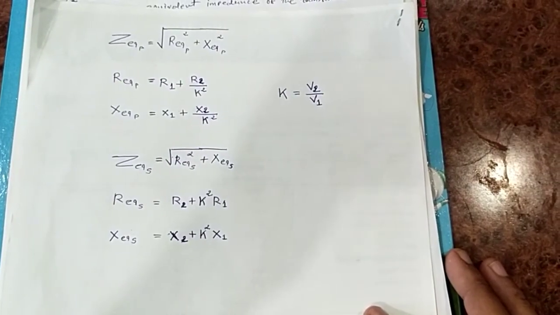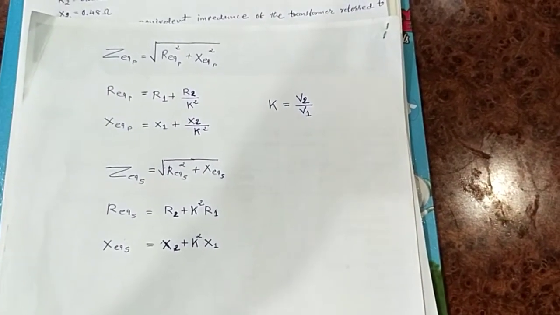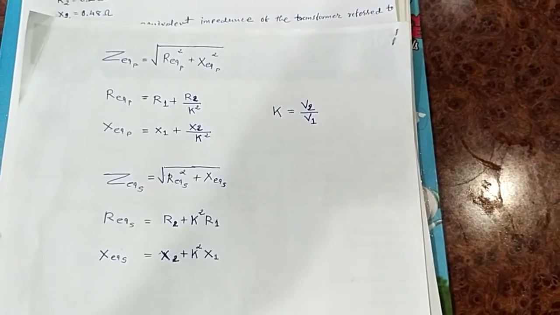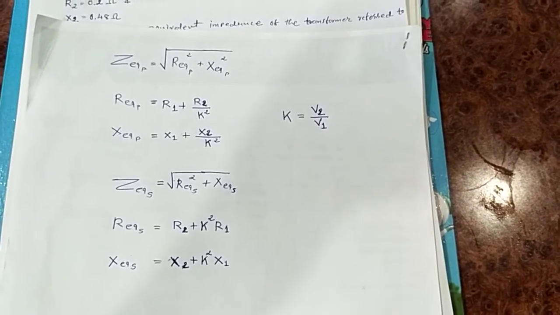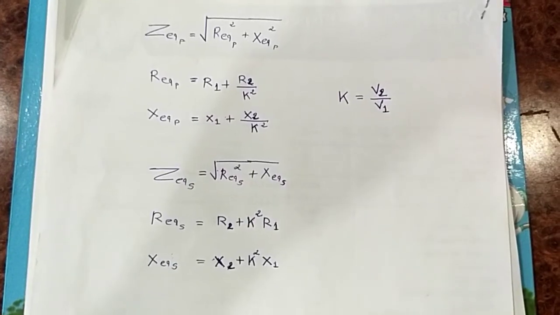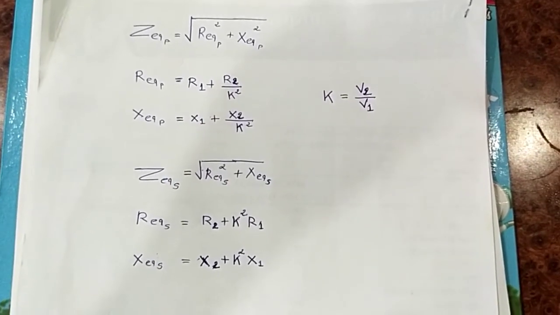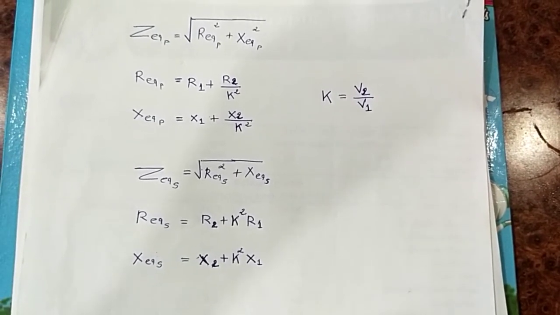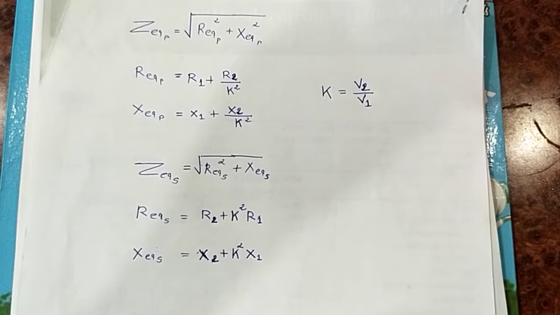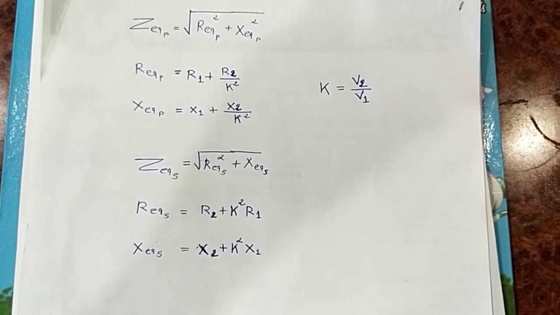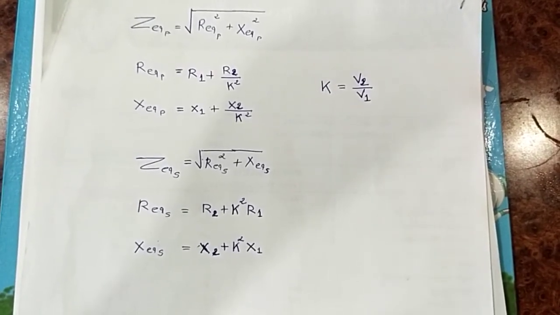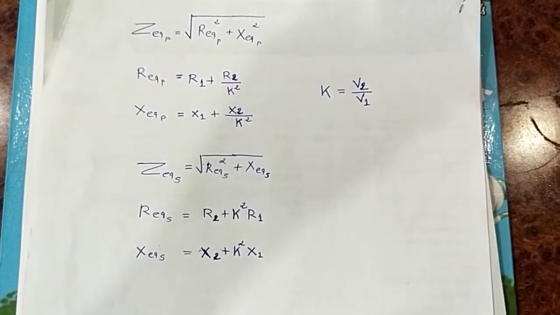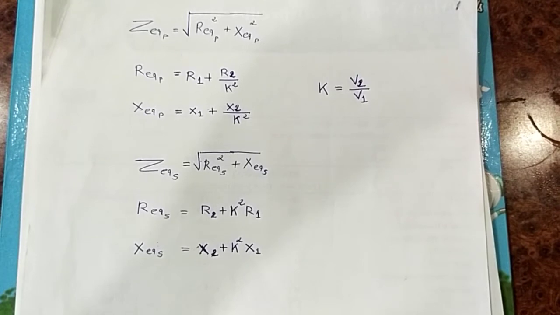Next is the equivalent resistance of primary, and the equivalent reactance of primary. Here K is nothing but the transformation ratio. Next, secondary impedance, secondary equivalent resistance, secondary equivalent reactance.